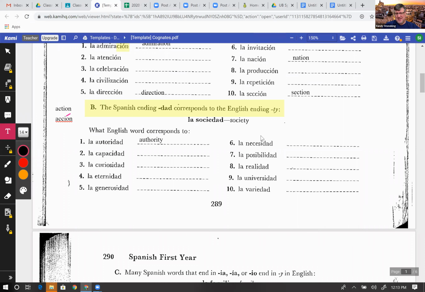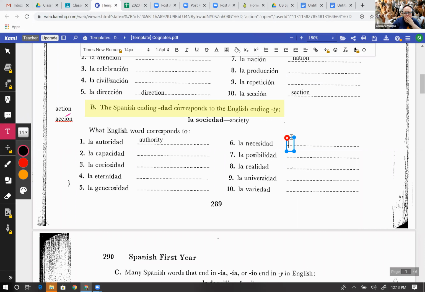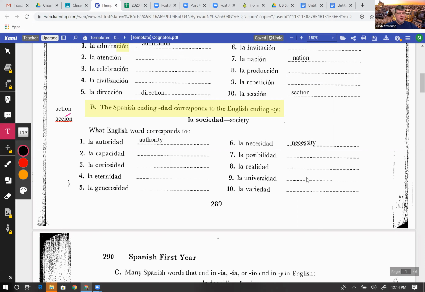So again, if we take that DAD pattern and change that to a TY, that becomes necessity. And again, notice that in English, we're going to spell it a little bit differently, but we're really dealing with just how the sounds are. Necessity. We're going to have 2 S's in English, but again, we can make that connection there.